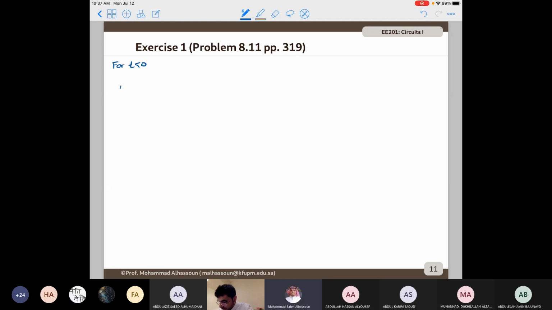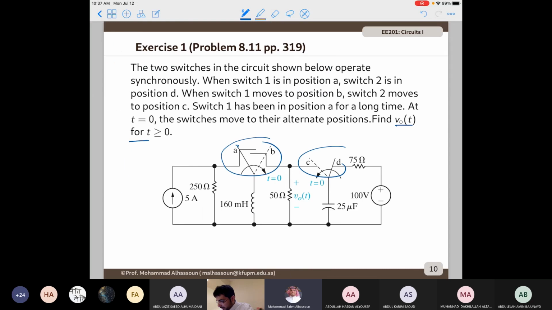For t less than 0, we have a 5 ampere source in parallel with 250 ohms and 160 millihenry.